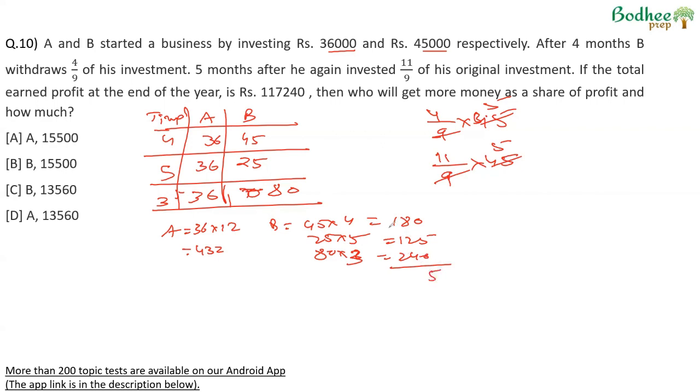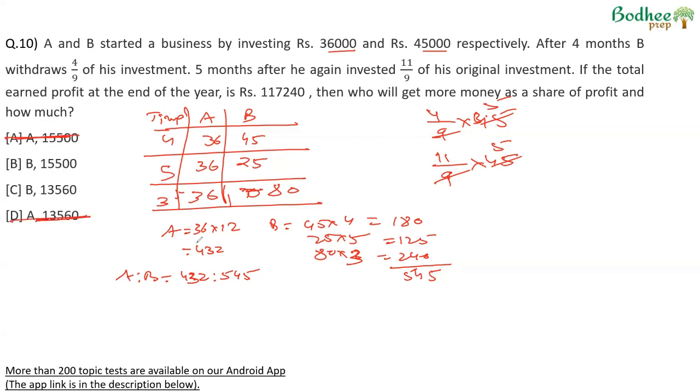So B's share will be 545. Basically the share of A is to B will be 432 is to 545. Clearly from here we know that B will get more money.